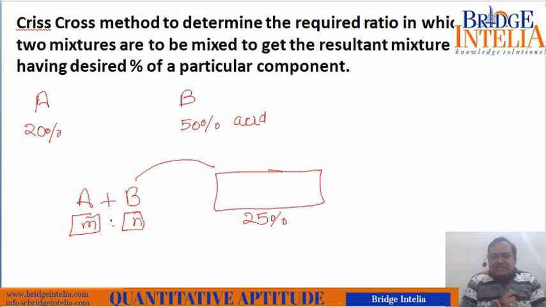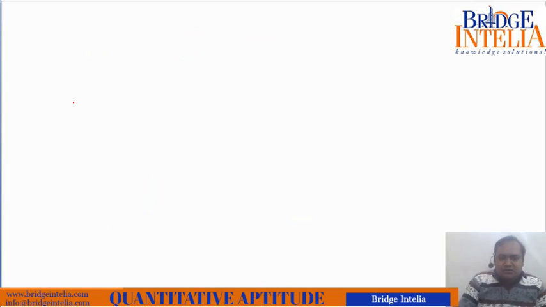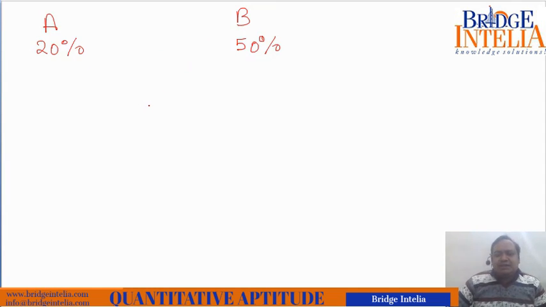While answering these kinds of questions, that in what ratio one should mix, let's understand the concept of the crisscross method. Let's take this example itself. You have two different samples. The strength of this one is 20%, the strength of this one is 50%. You want to mix them such that the final result is 25%.